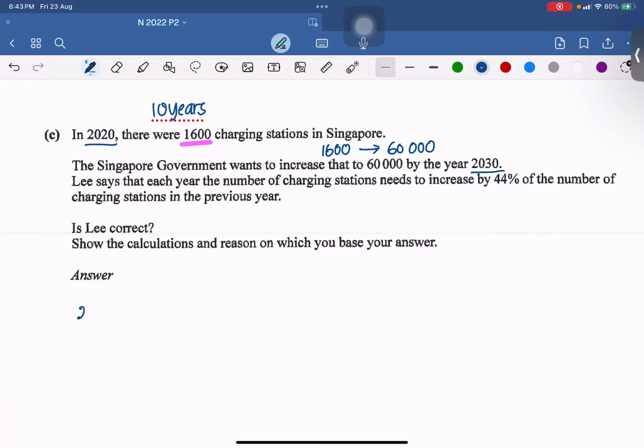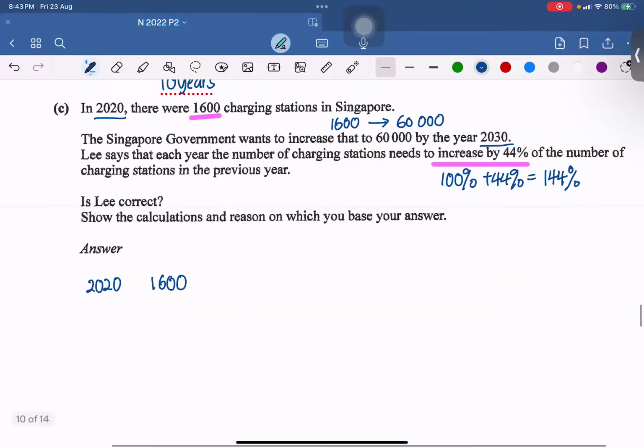I start with 2020. There were total 1,600 charging stations. Each year, the number of charging stations need to increase by 144%, meaning 100% plus 44%, 144%. So let me start off with year 1, 1,600.